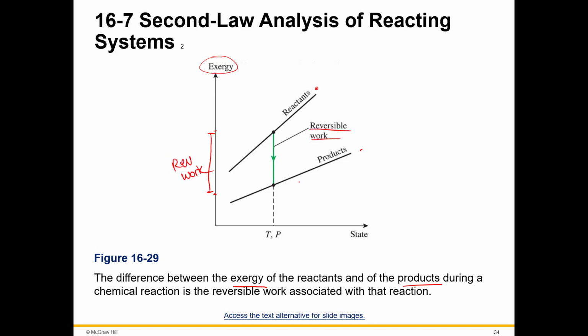And that's at a given state. So remember, we're staying at the same state when we're comparing these. Because this could be state 2, this could be state 1, this could be state 3. We're not going to compare here from state 1 and state 3. We're going to use the same state.